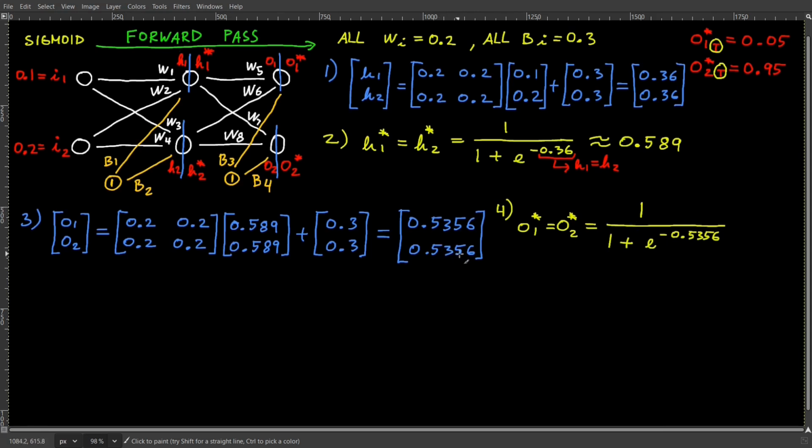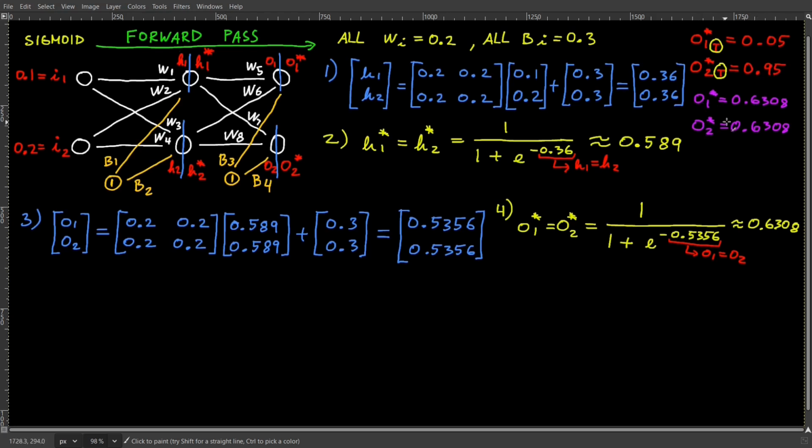Since both of my O's are the same, I only need to write this function once, because these two variables are equal, and in the end, I will get this number for these two activated neurons. With these 4 steps, we've completed the forward pass. We propagated forward through the network. The outputs that we got in the end are these ones. However, our desired or target outputs are these ones here, 0.05 and 0.95.